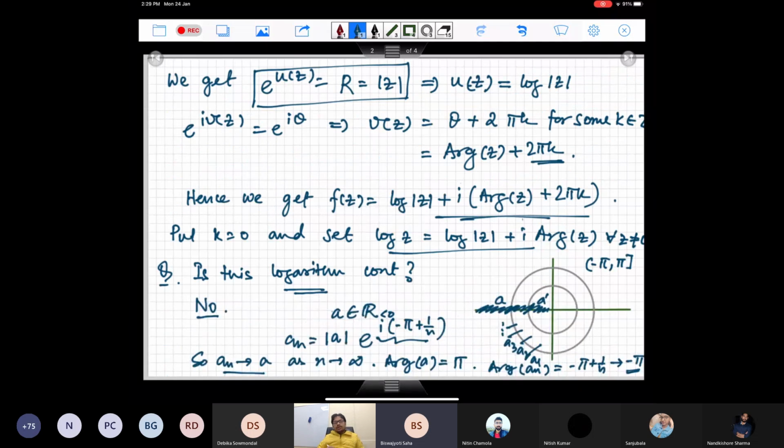So I hope you understand that if I want to deal with this argument function, and therefore the logarithm function, I need to get rid of at least one line. Okay, so is this clear?